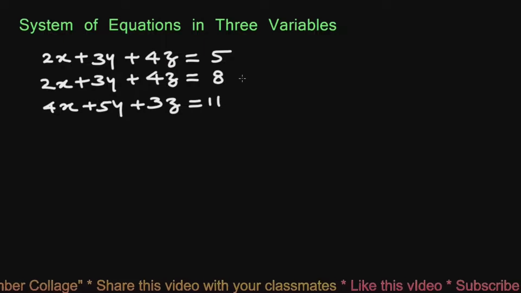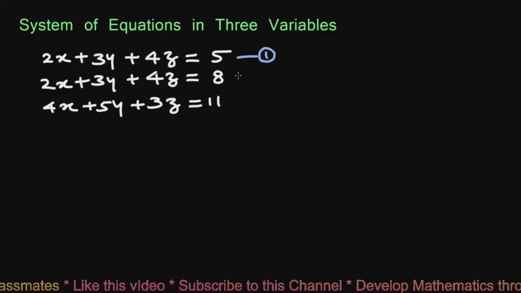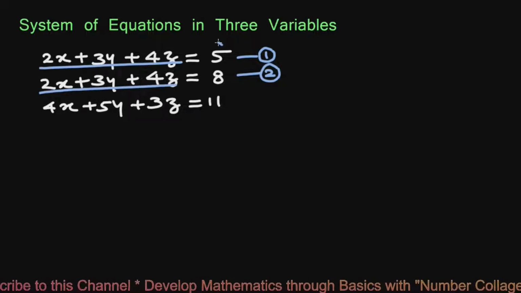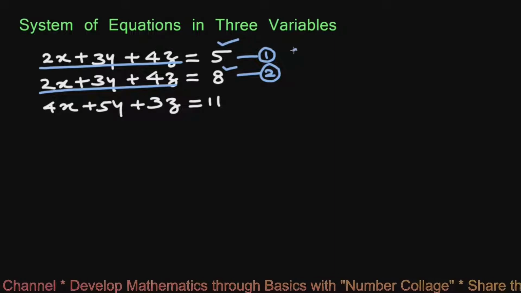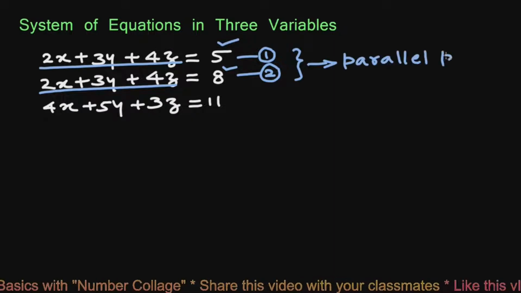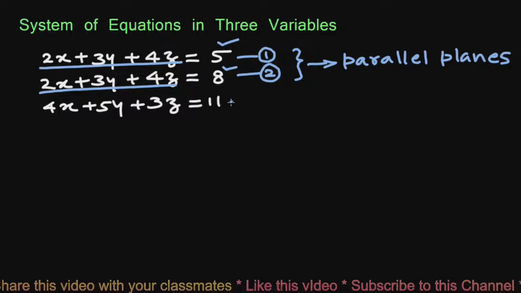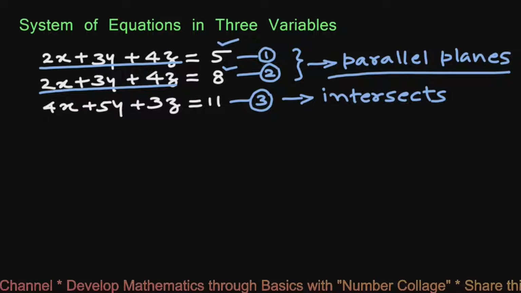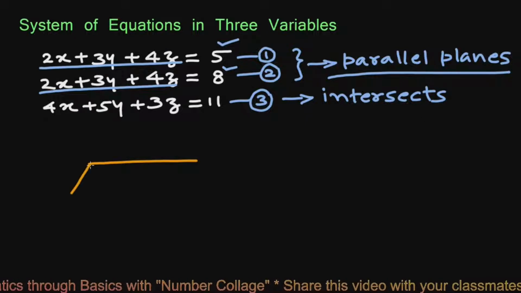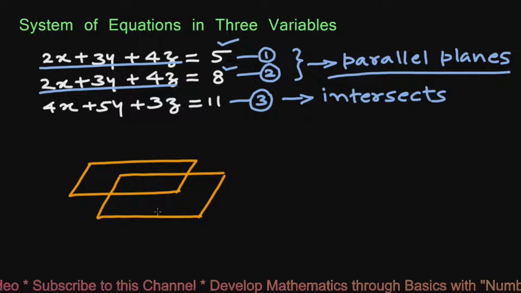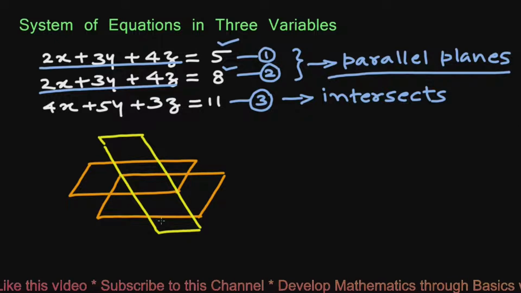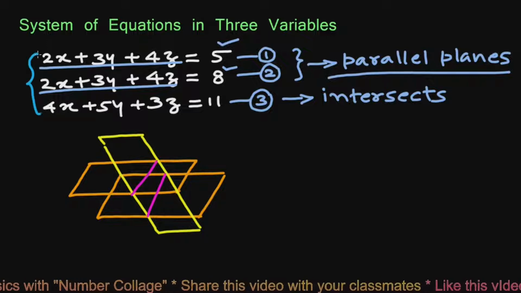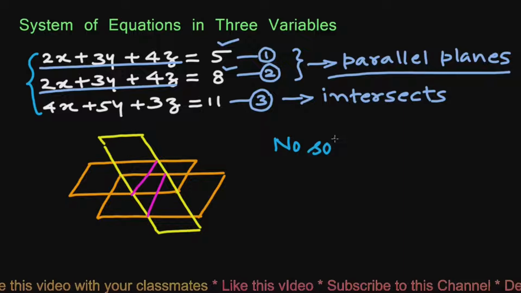In these equations, we observe that in the first and second equations, the left hand side is same but the right hand side is different, which means that these two planes are parallel planes, while the third plane intersects these parallel planes, and geometrically we can show this like these two parallel planes and third plane intersecting these two planes in these two lines. Obviously, this system of equations will have no common solution.